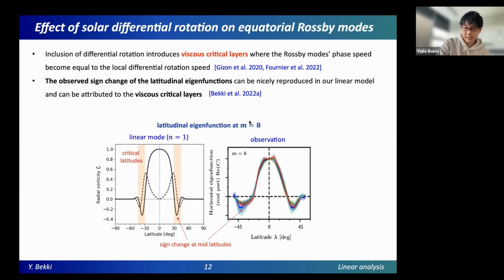Another interesting thing is that the observed sign drop of the latitudinal eigenfunction that I mentioned earlier could be explained by these critical latitudes. Here I show the latitudinal eigenfunction of the equatorial Rossby mode with the solar differential rotation for m equals 8. And you can see that the sign drop at middle latitudes can be well reproduced.